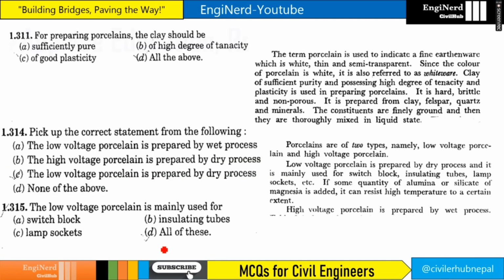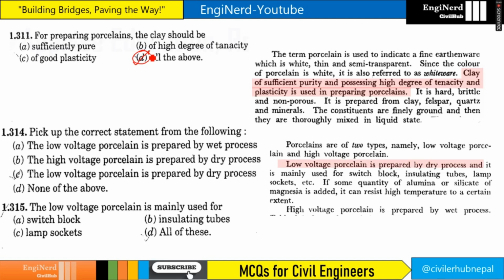And further, for preparing porcelain, the clay should be, if you see here, clay of sufficient purity and possessing high degree of tenacity and plasticity is used in preparing porcelain. So our answer will be option number D. Pick up the correct statement from the following: the low voltage porcelain is prepared by wet process; the high voltage porcelain is prepared by dry process; low voltage porcelain is prepared by dry process. If you see here, porcelain has two types, right?